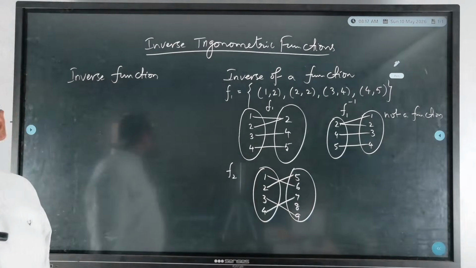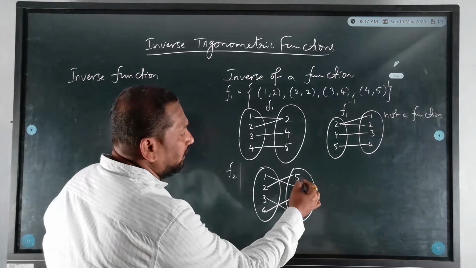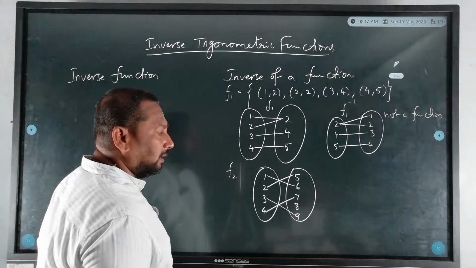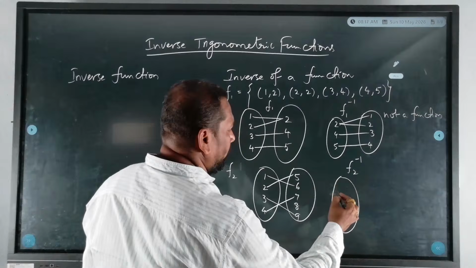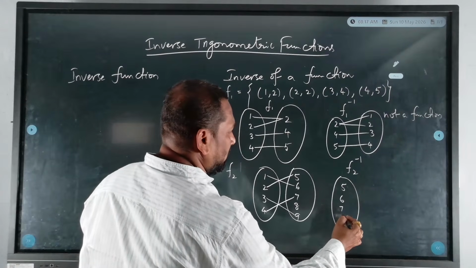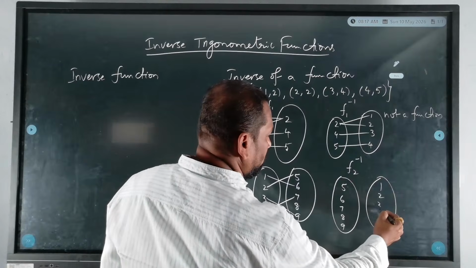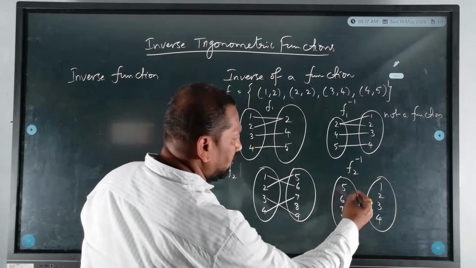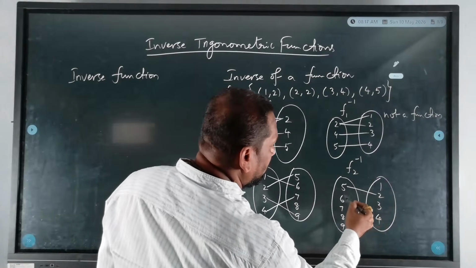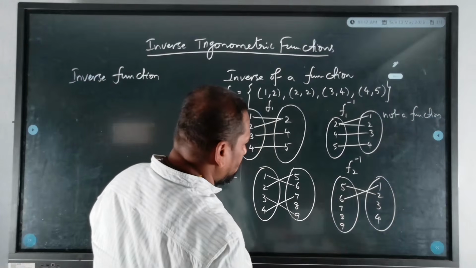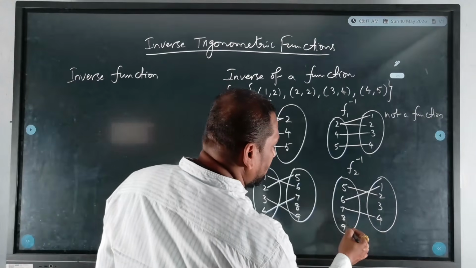Okay, f2 is a function, right? So what is its codomain? 5, 6, 7, 8, 9. So f2 inverse, if we take 5, 6, 7, 8, 9 and 1, 2, 3, 4: 5 maps to 2, 6 maps to 1, 7 maps to 4, 9 maps to 3.